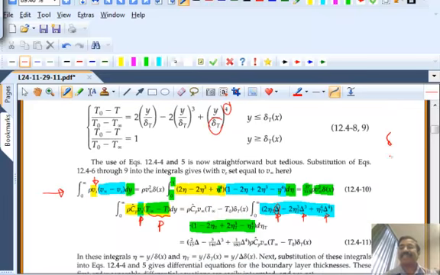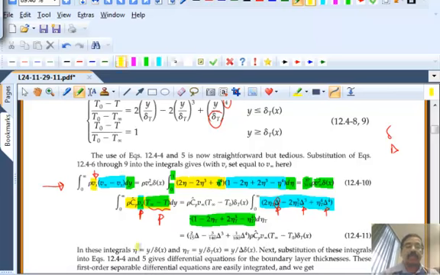This is the lowercase delta, that is the uppercase delta. Okay, so the uppercase delta is nothing but the ratio. In fact, it's shown here clearly. Okay, eta is defined by y over delta. Eta t is defined as y over delta t, which you can write as y divided by delta with a capital delta in the denominator as a ratio of the two boundary layer thickness.